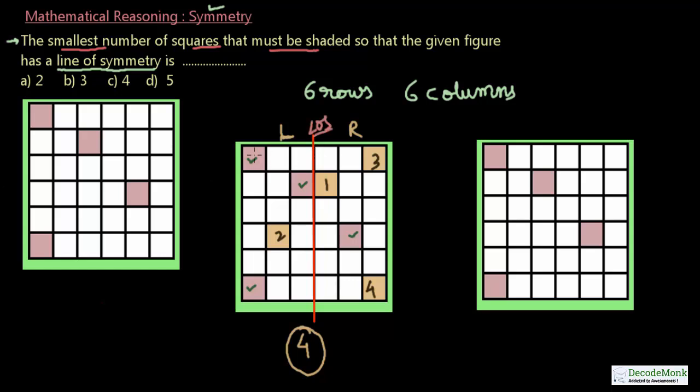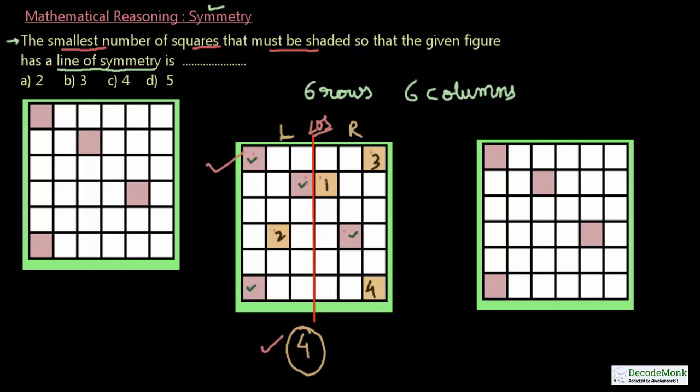The cornermost are shaded, these 2 are shaded, these 2 are shaded, and again the bottom cornermost are shaded. If we fold this figure along this line of symmetry, the figure will be totally overlapped. So this is symmetric across this line of symmetry and we need to shade 4 squares to arrive at its symmetry.